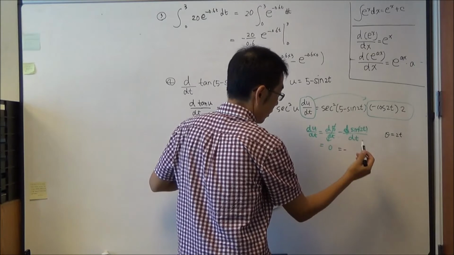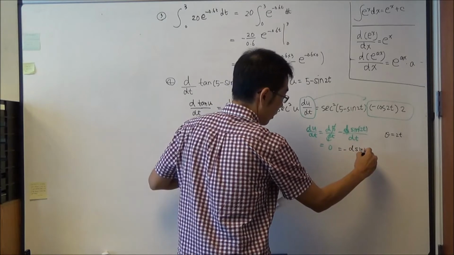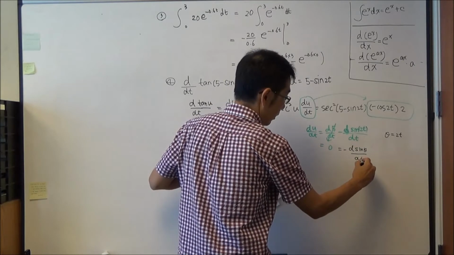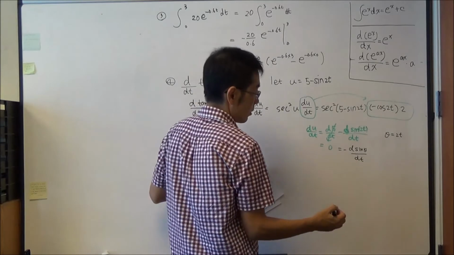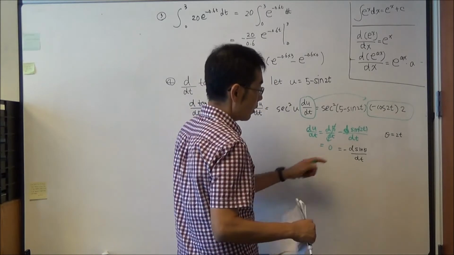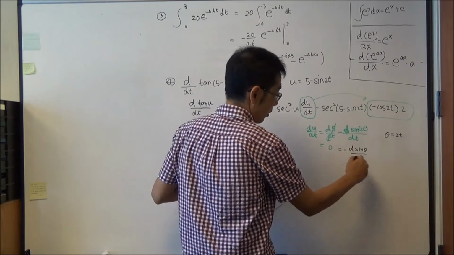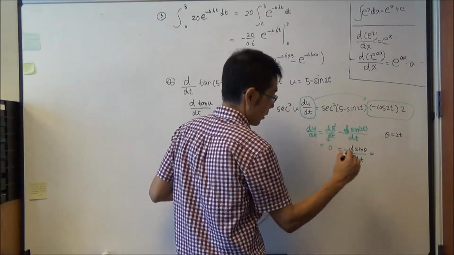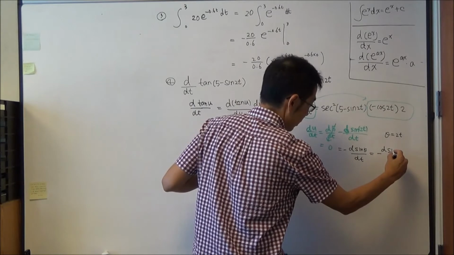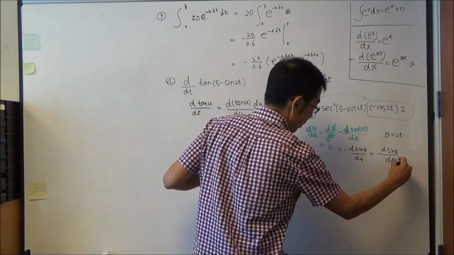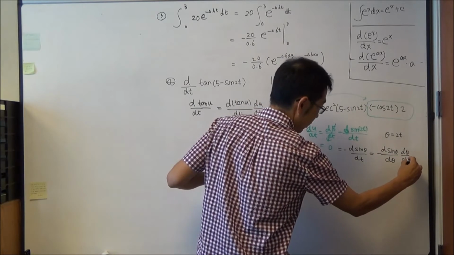Which means d sine theta over dt, but we substitute t with theta. If you use another chain rule, this is the same as d sine theta over d theta, times d theta over dt.